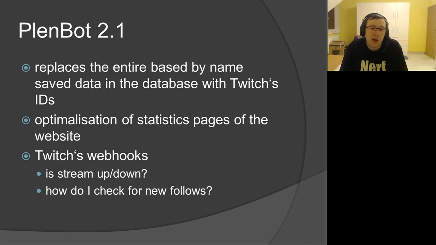The most visible changes are on the statistic pages, and part of these updates were also the new Twitch webhooks. That allowed me to really simplify everything, and it's fast now. The ticks are fast. The new people coming to the channel, processing those people, that's fast as well.